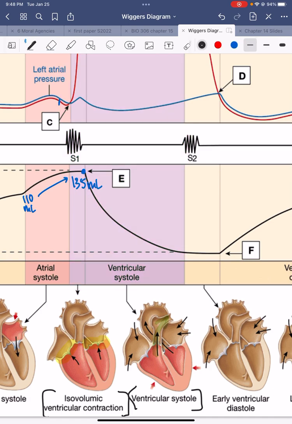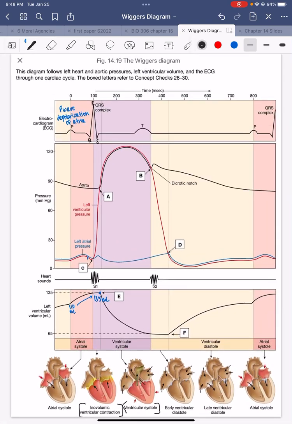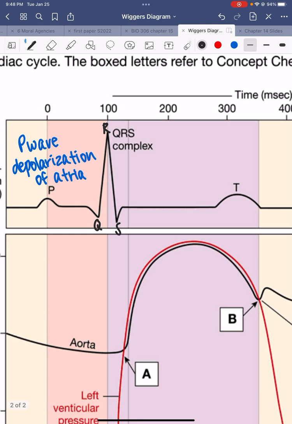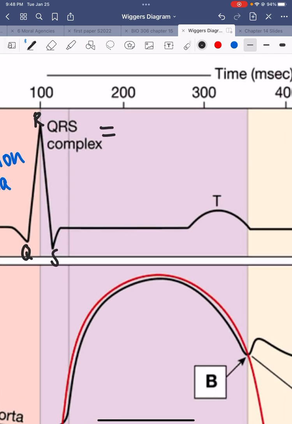So, referring to the ECG now, at the top, back to the QRS complex that I was speaking of earlier. To explain more about the QRS complex, it represents the depolarization of the ventricles now. Depolarization causes systole of the ventricles, so they contract.